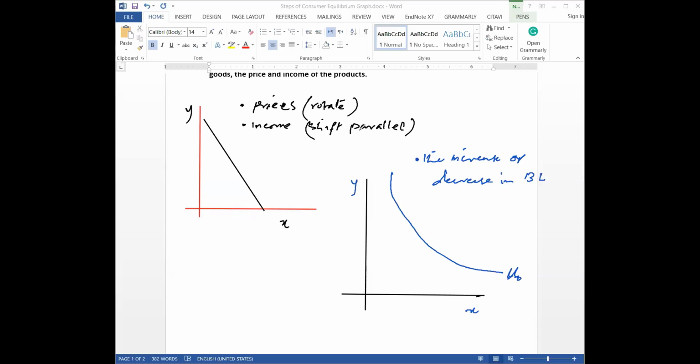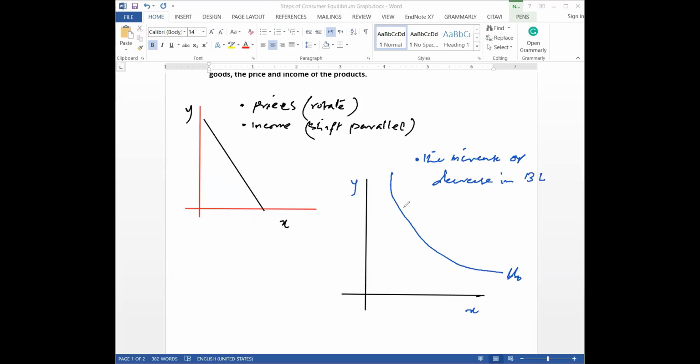We only select a different indifference curve if we have a different budget line. So the selection of the indifference curve depends upon the change in the budget line. The indifference curves are already there, so they don't shift or change.